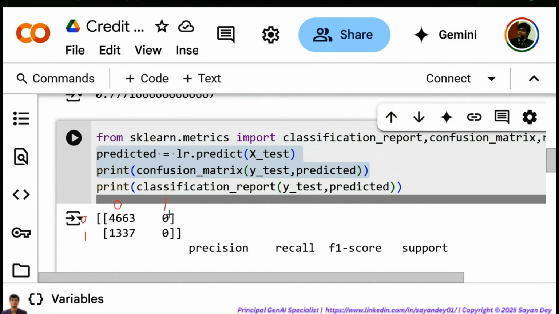And if you look at it, the model is actually making no default predictions. So what you are seeing on the screen right now is a dummy classifier. This classification model is not making any default predictions.